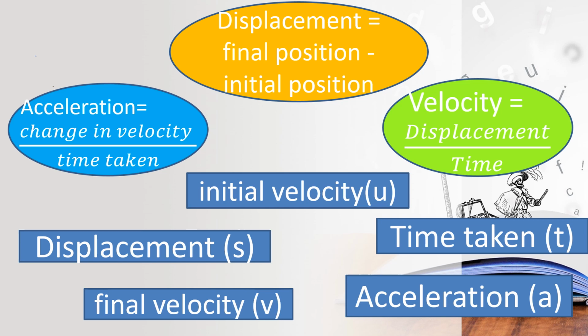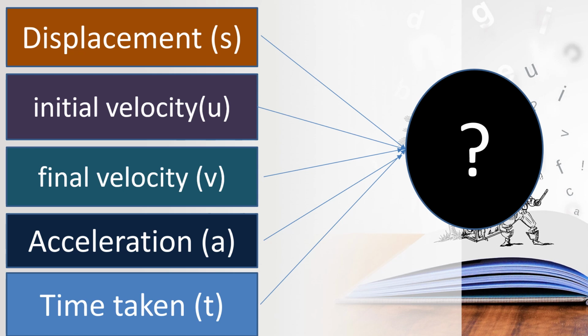Do you know how exactly they are interrelated? If displacement, initial velocity and final velocity are given, how will you find the others? For that we need an equation, children.